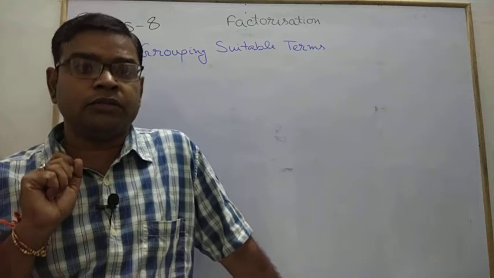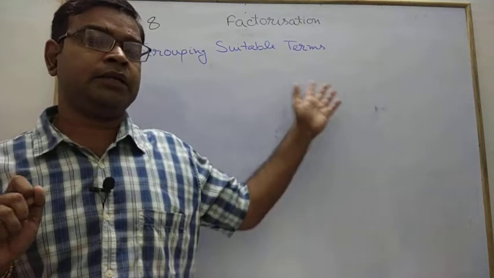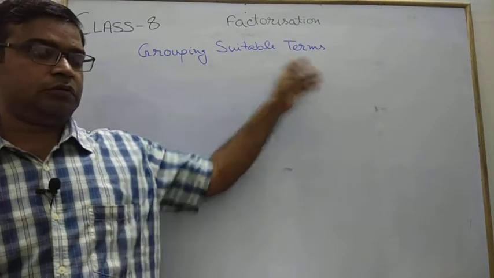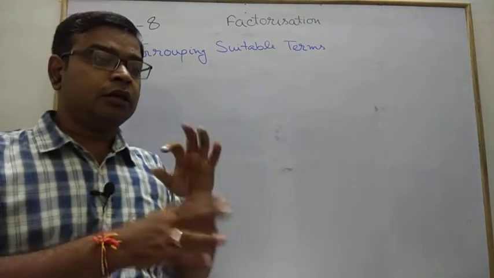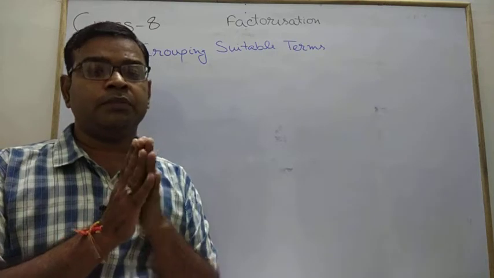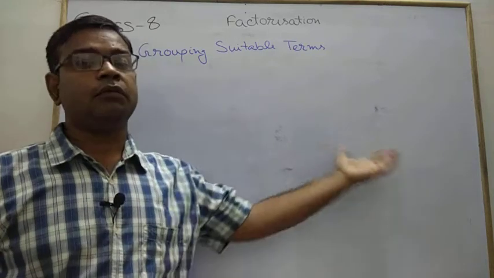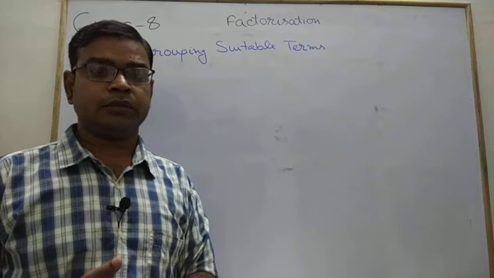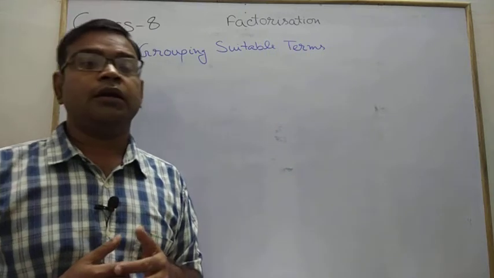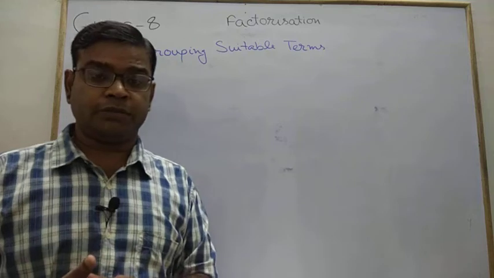This concept is known in mathematics as grouping suitable terms. When the expression is not in proper order, we first arrange it in proper order, then we take the common and find the factors of the given expression.